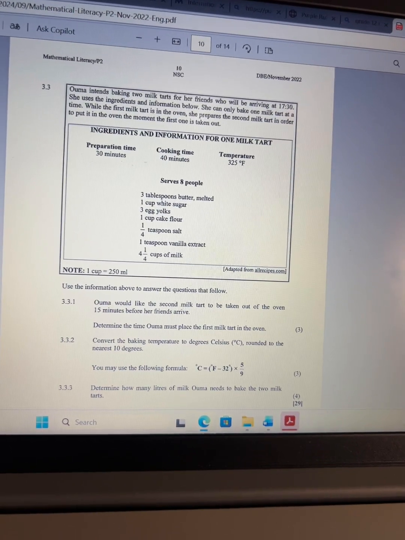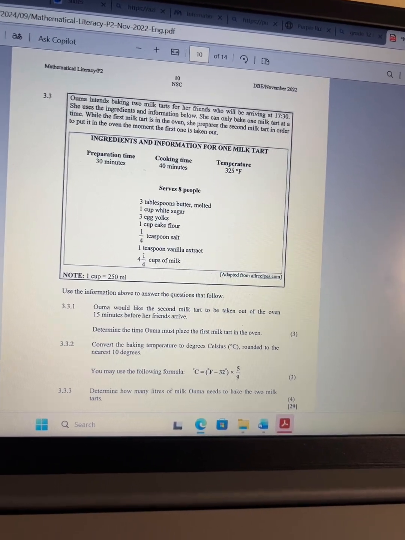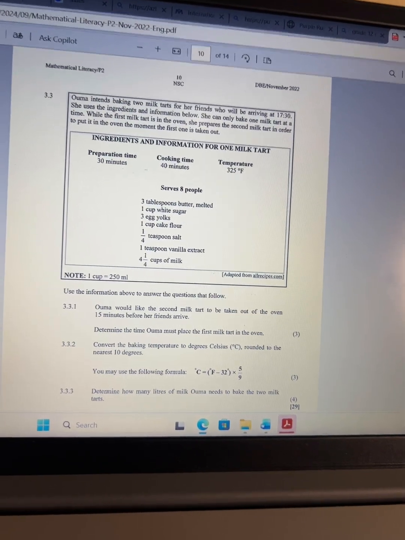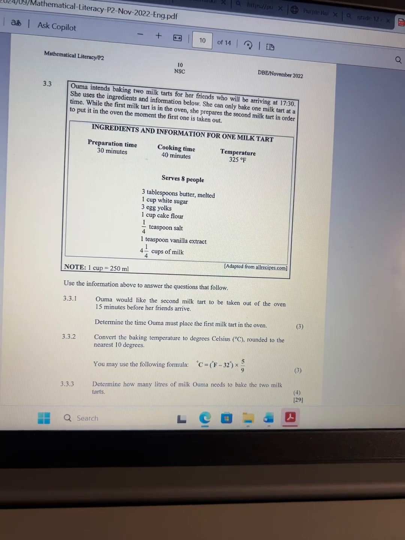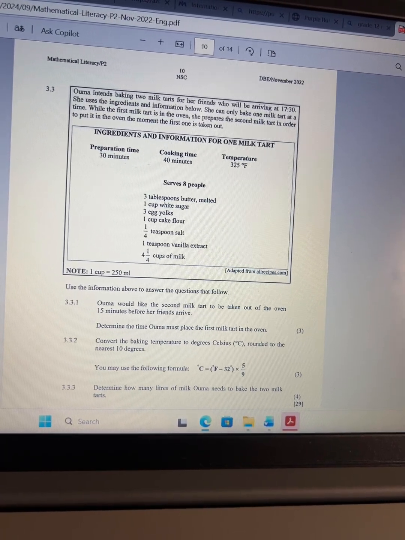3.3.1, they said that Oma would like the second milk tart to be taken out of the oven 15 minutes before your friend arrives.